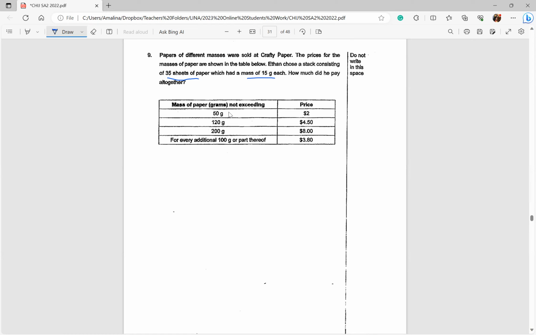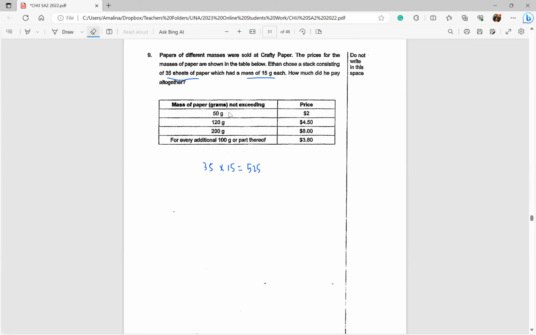Okay, so let's find first the total mass of the sheets of paper. So I'll take my 35 sheets, I multiply by 15. So I will get my 525 grams. This is 35 times your 15 gram.